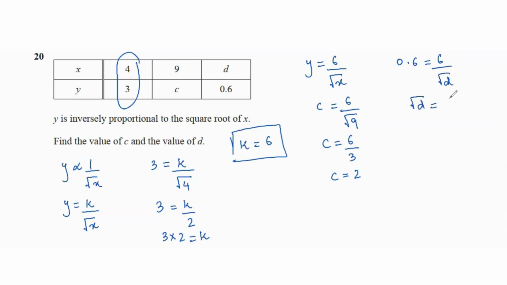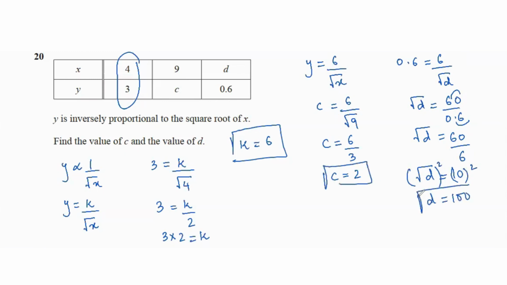Square root of d equals 6 over 0.6, which is going to be, if we remove the decimal, we add a 0 over here, so 60 over 6, which is 10. And to remove the square root, we will square both sides. So d is 100. So this is c and this is d.